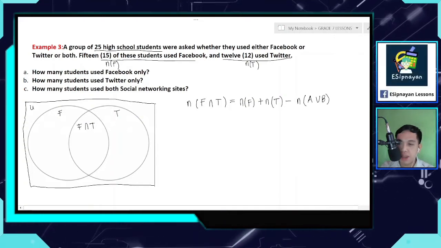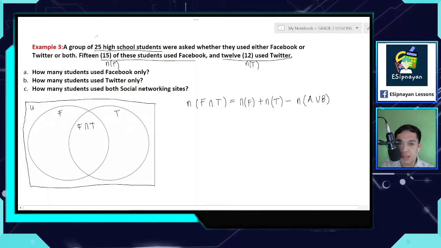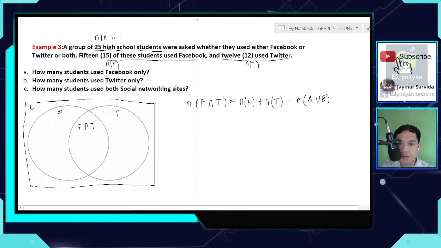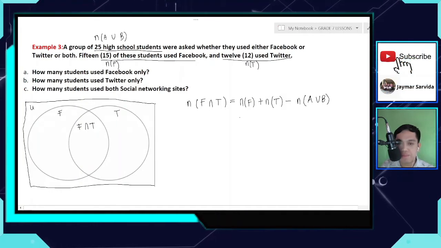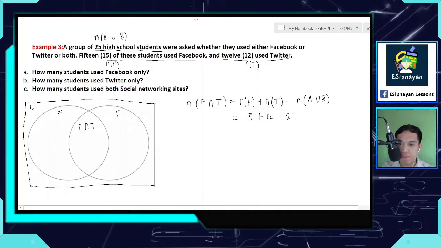So ano ba yung N of F union T natin? Itong 25. Ito yung ating N of F union T. So i-substitute na natin, class. We have 15 here and we have 12 here, minus yung ating 25.